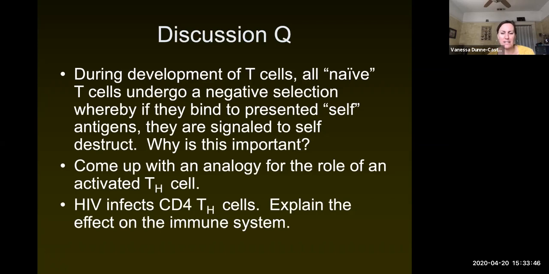The second question: come up with an analogy for the role of an activated T helper cell. Now, because of their central role in essentially activating everything else, including producing all of the effector cells that then can go and activate B cells, or producing interleukin-2 that then can go and activate cytotoxic T cells, one of my students came up with the analogy that these T helper cells act like 911 operators, where whatever the call is, the nature of the call, which is like the dendritic cells telling the body what's wrong with it, that particular call will then trigger some kind of downstream effector function, right?